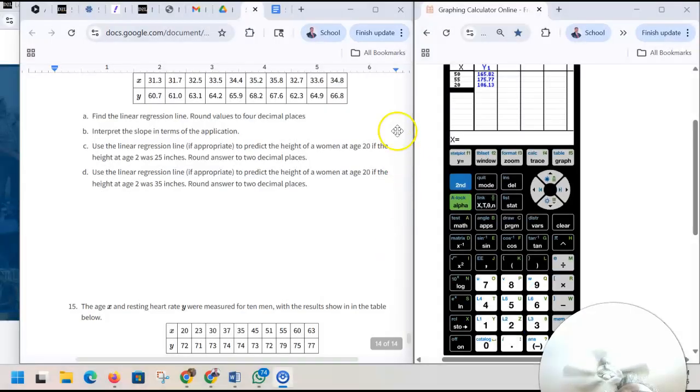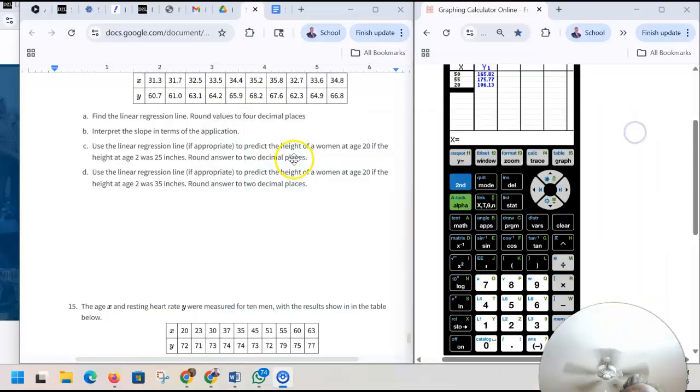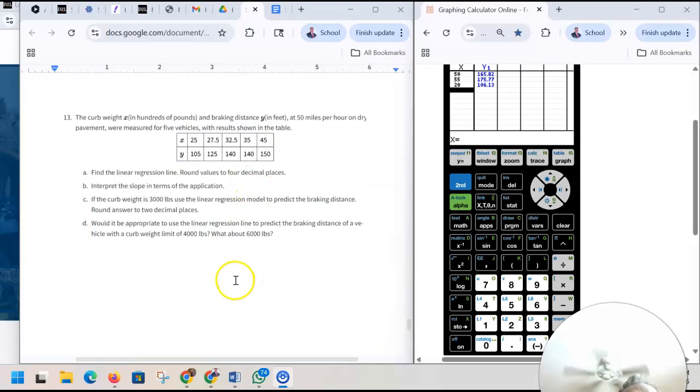I just wanted to show the understanding piece here. So the problem was this one, the braking distance.